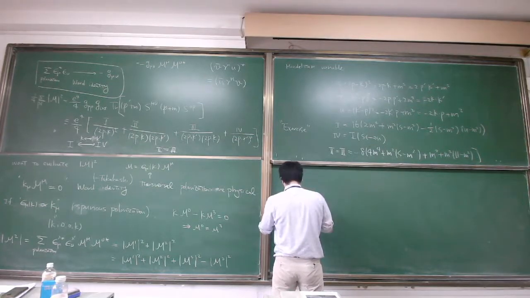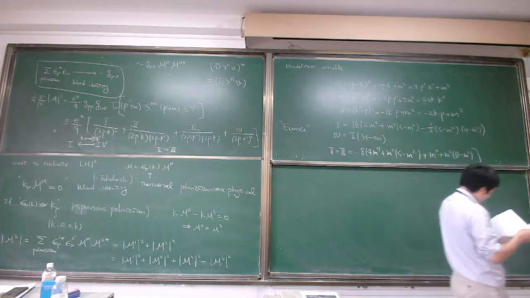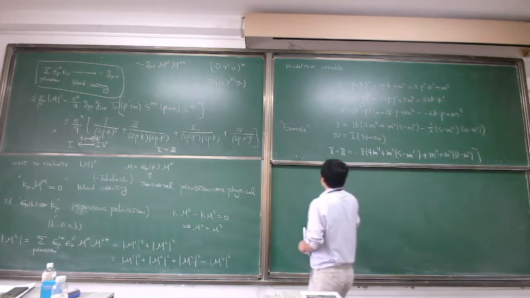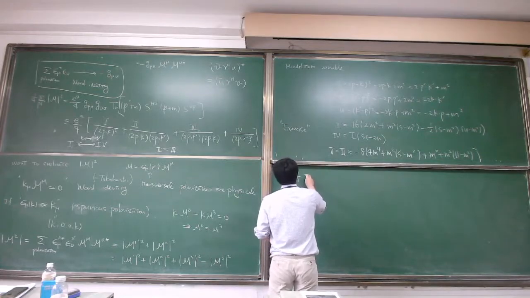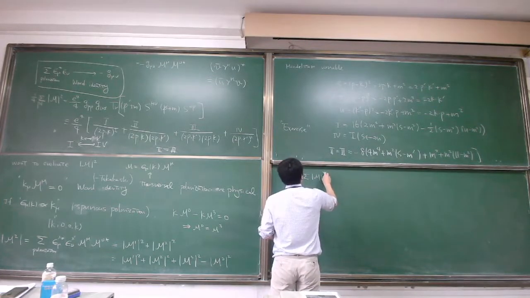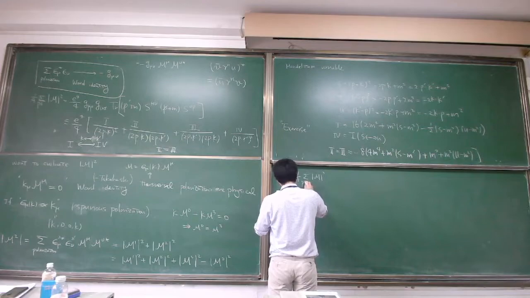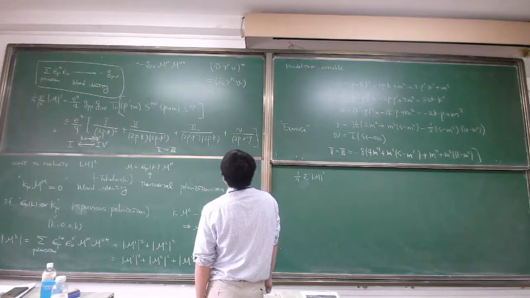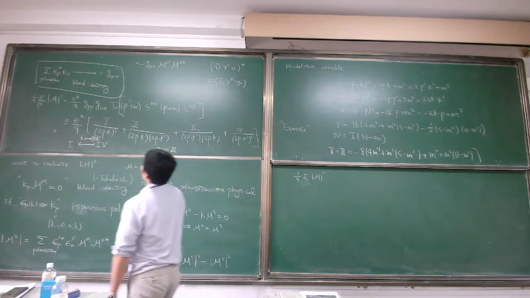So I think, okay, a quarter sum of |M|^2 over all the spin of the electron.